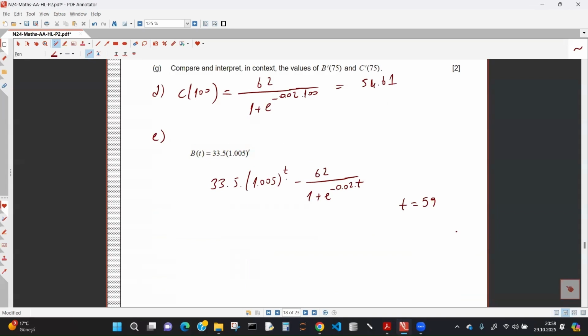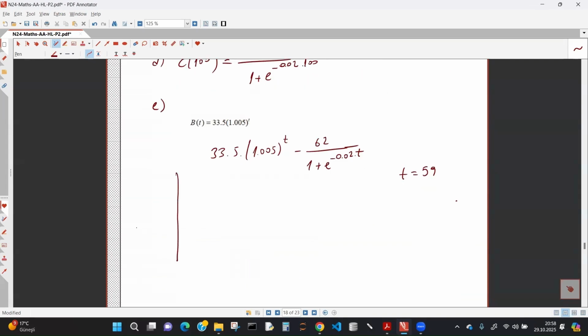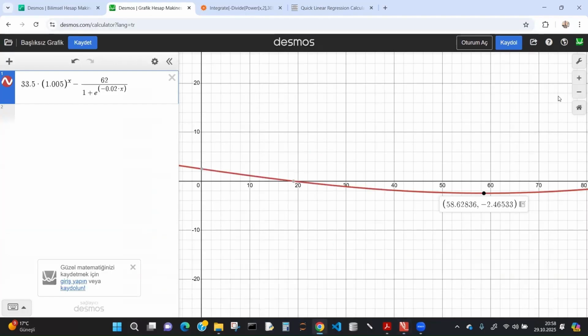And you need to maybe draw this graph to prove it.